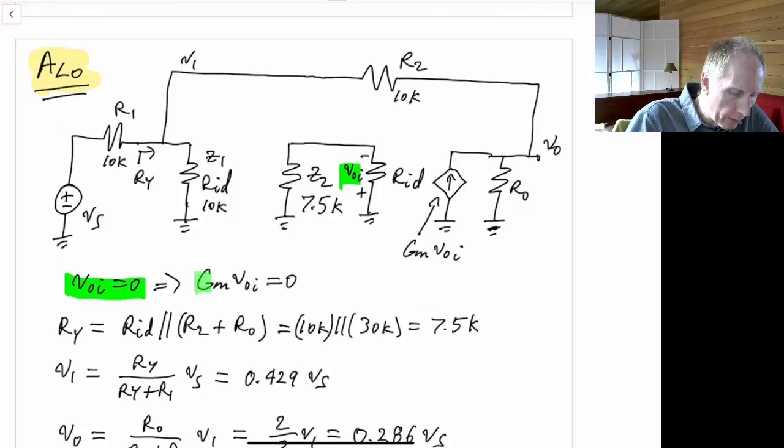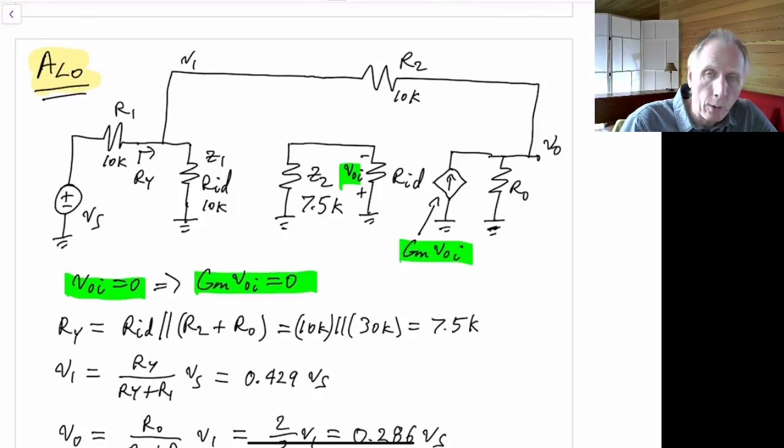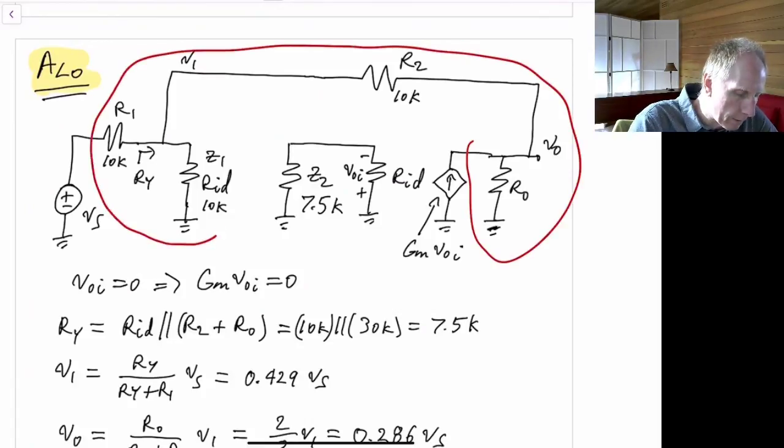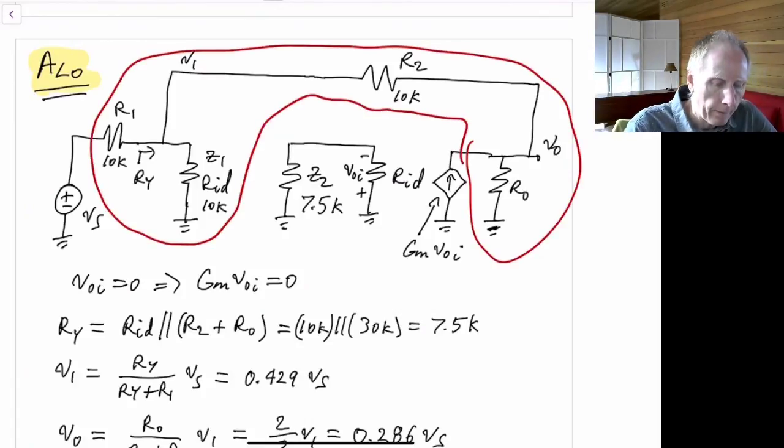If VOI is 0, then GM times VOI is also 0, so we can ignore this part as well. So in this case we really just have a resistor network that looks like this, and we need to find the gain from VS to Vout.